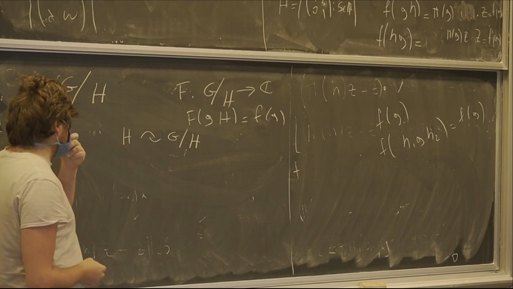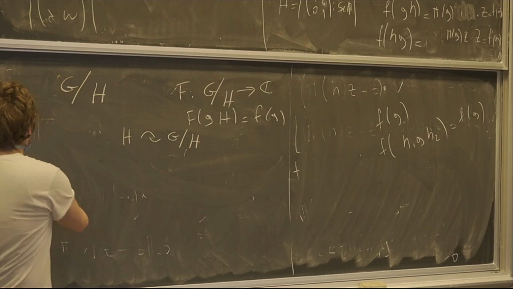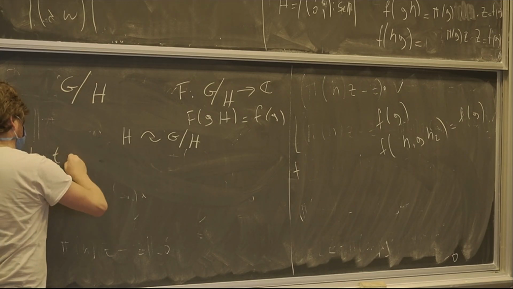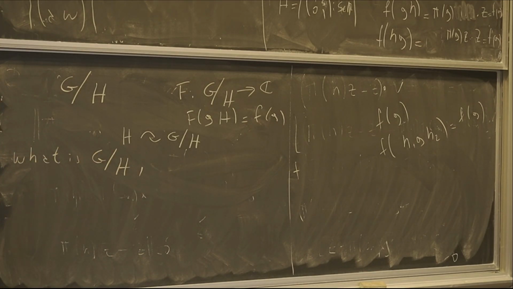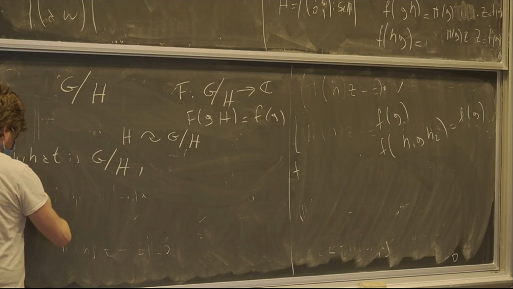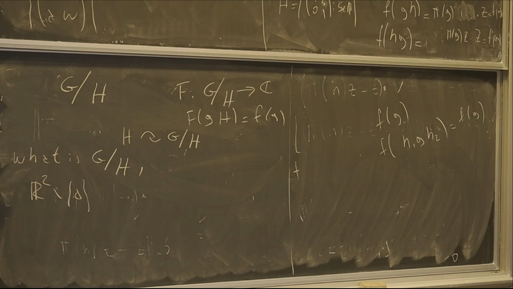I could do the other quotient, but that's the game, you don't want to do it. The reason for that is you really want to see the picture. So what is G mod H? G mod H is R2 minus the origin. And the way you identify it with R2 minus the origin is similar to what we have done before.